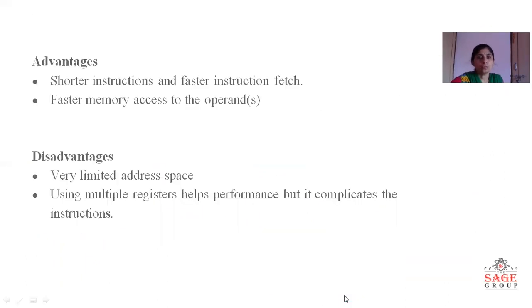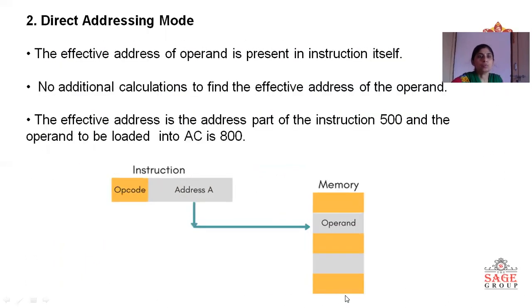In case of direct addressing mode, the effective address of the operand is present in the instruction itself. There are no additional calculations to find the effective address of the operand.